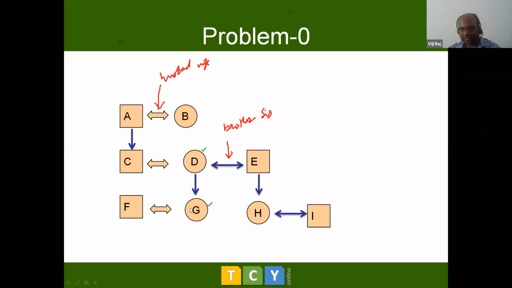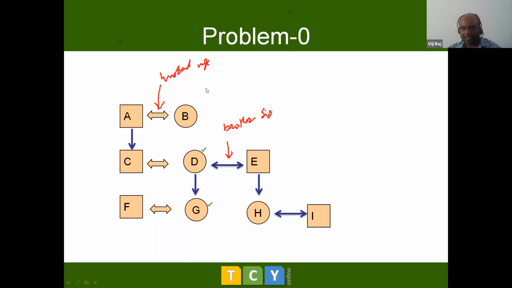The circles indicate female. The squares indicate male. Anthony, you joined in late, so this is for you. The circles indicate female and squares indicate male, right?